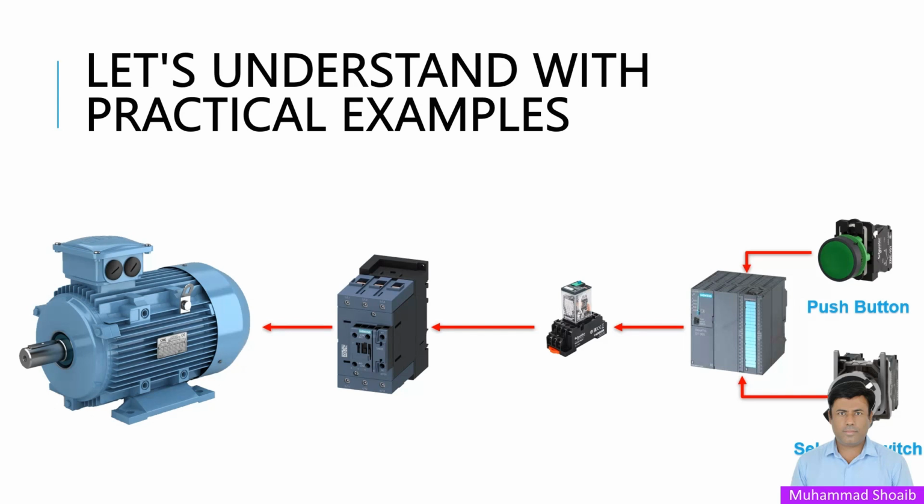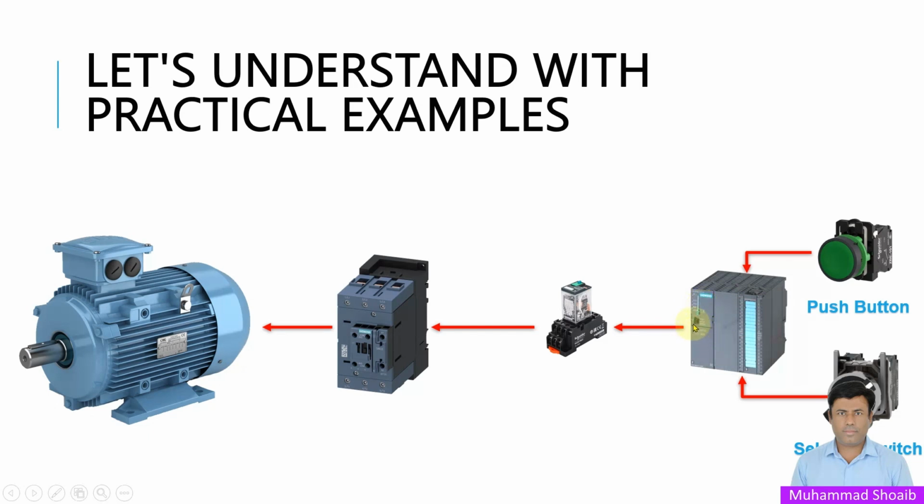So how will this whole system work? Once we press the push button, it will give input to the PLC, and the PLC will execute the logic, and according to the logic it will turn on the PLC output.